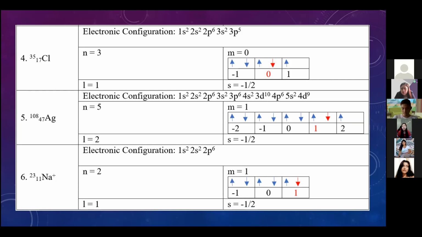For the last number, which is Na plus, the atomic number is 11.